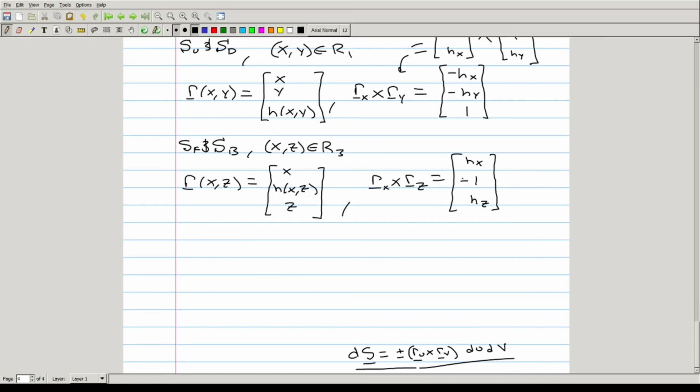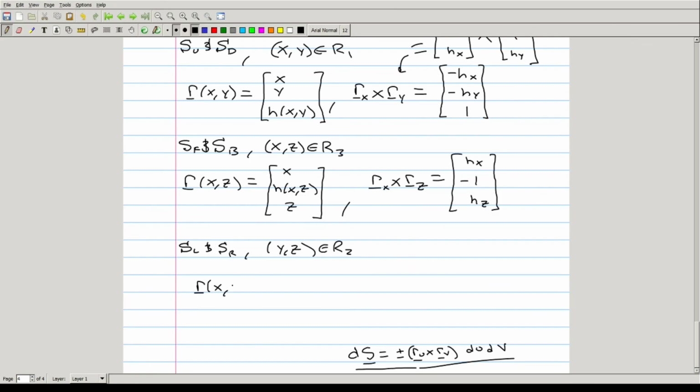Plus or minus this vector will always point outward or inward normal to S_F and S_B. And then lastly, we have S_L and S_R, which is parameterized for all points (y, z) in R^2.